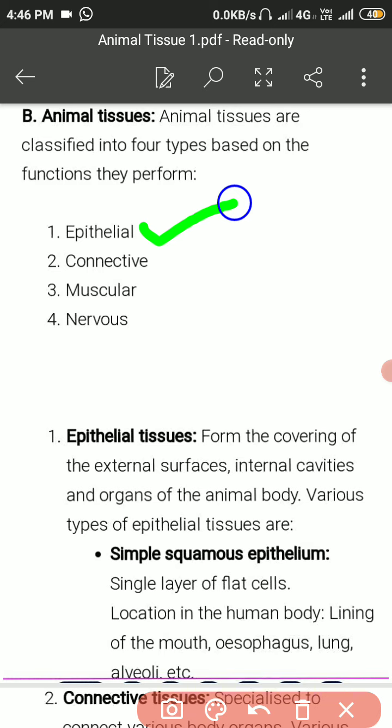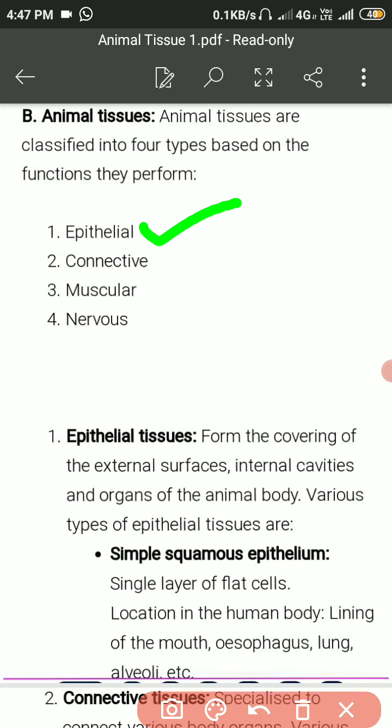These epithelial tissues are formed for the covering of the external surfaces and internal cavities and organs of the animal body. Suppose, dear student, there is an organ called the liver. The liver is covered with epithelial tissue inside the body.